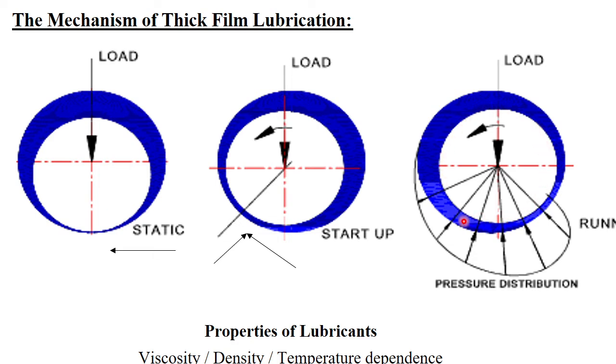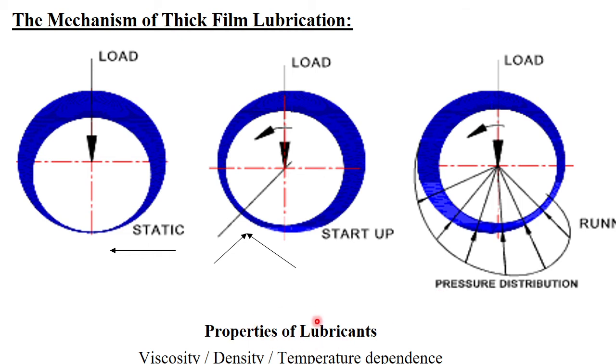Without that, we won't get any hydrodynamic action. There are special applications like gas bearings, where air itself is a fluid that can also offer some sort of hydrodynamic action, but those are trivial for engineering application. We use a separate lubricant.